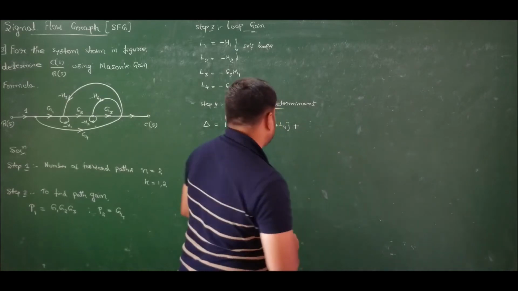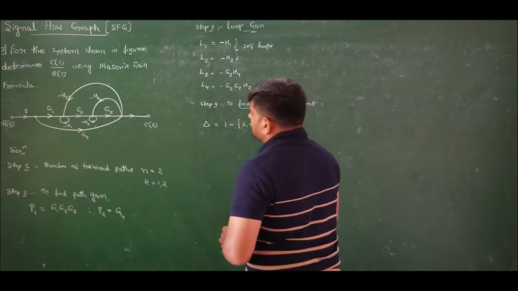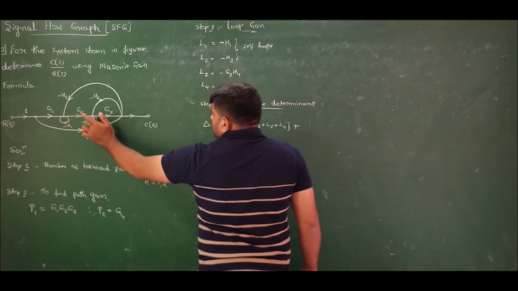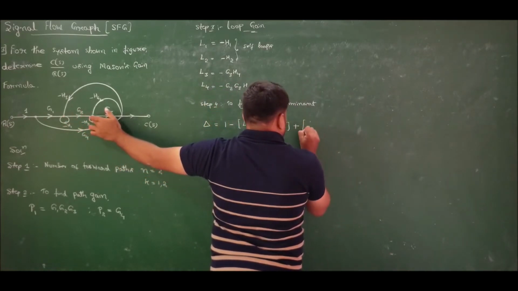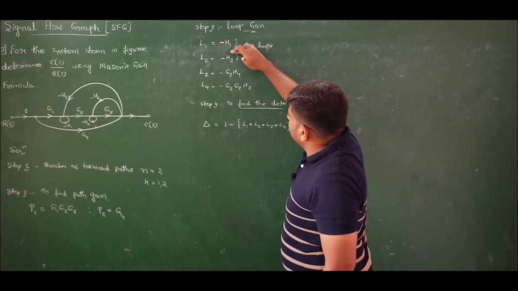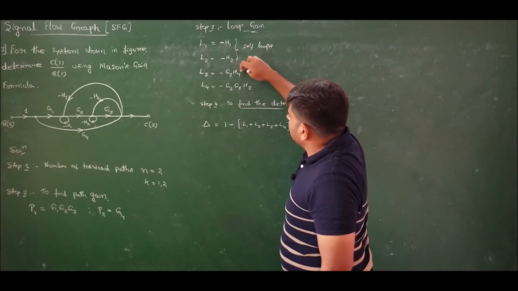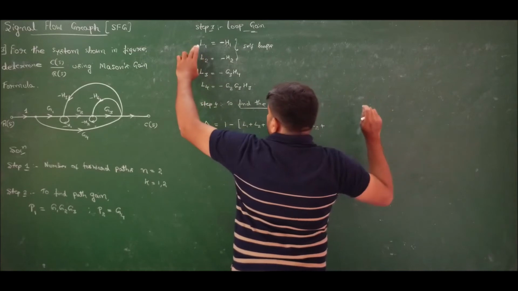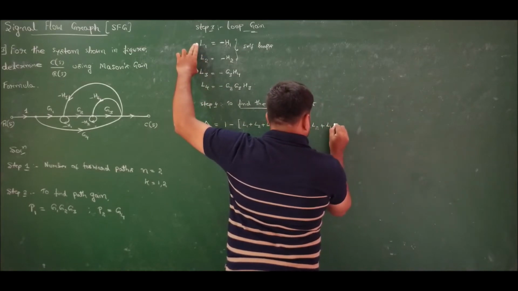How many combinations of two non-touching loops are there? The first combination is L1 and L2, which are not touching. So the first combination is L1 L2, and the second combination is L1 and L3. L1 is here, L3 is here, so L1 and L3 are not touching. L1 L3.